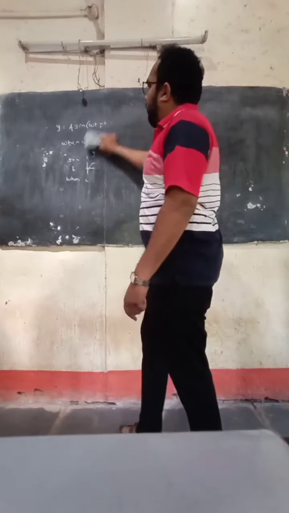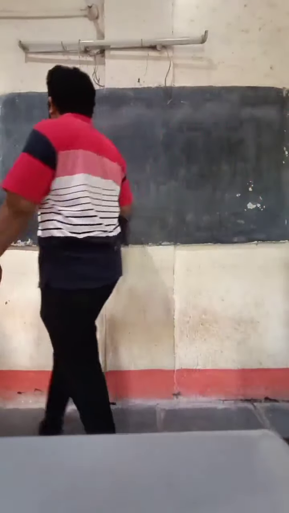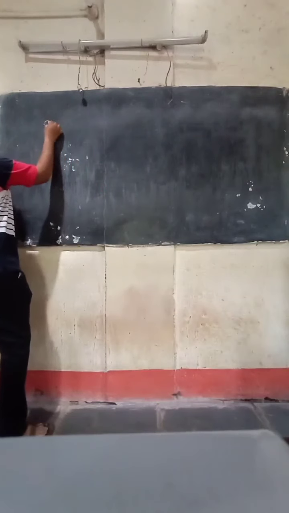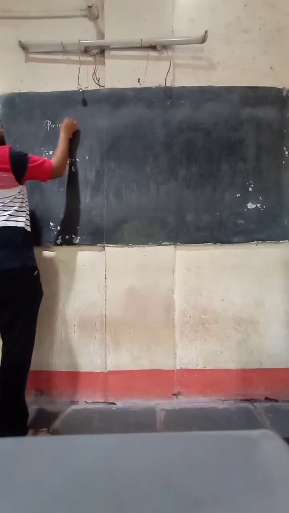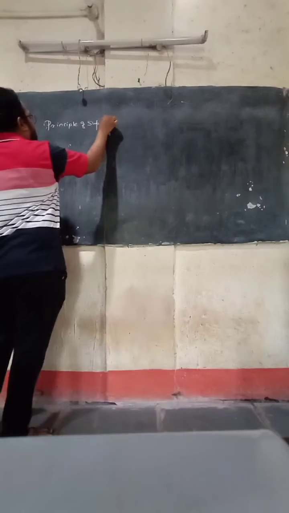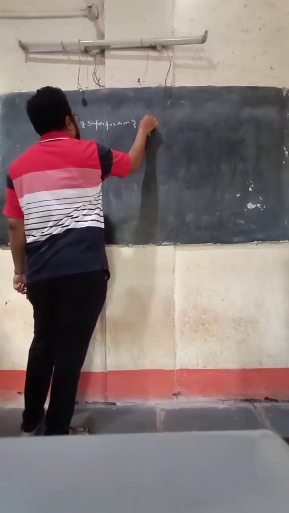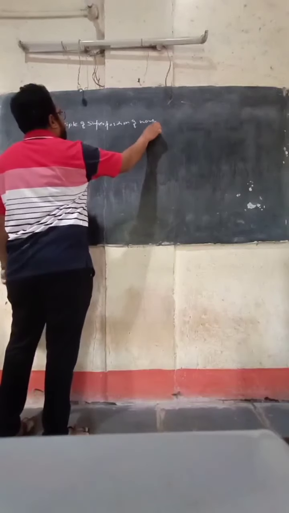Now, when we superimpose two waves at a point, by the principle of superposition. First of all, we see what is the principle of superposition of waves. What is the superposition principle?